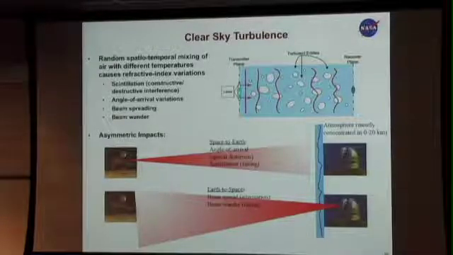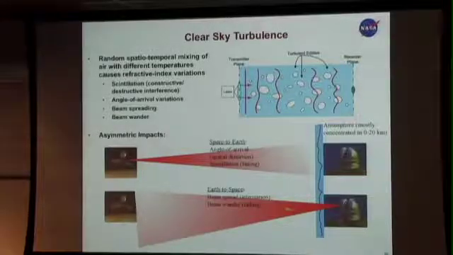For an asymmetric link like we have, it's a little bit different depending on which direction you're going. From space to Earth, the atmosphere is here at the receiver, and you have a long distance of pure vacuum till you get there. And you have problems with angle of arrival and scintillation causing fades.